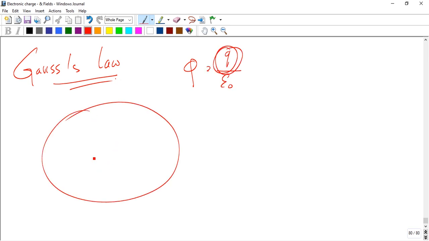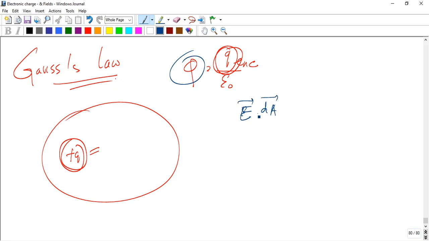If I consider a sphere with the charge Q placed inside, this surface is a Gaussian surface enclosing charge Q. That is Gauss's law: phi equals E dot dA, equal to Q enclosed by epsilon naught. We derive Gauss's law from Coulomb's law, and Coulomb's law from Gauss's law, which is very important. Here we also discuss the applications of Gauss's law.